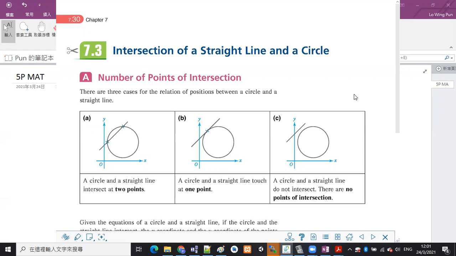So what is more interesting, mathematically interesting, is the first case and the second case. What we are going to do is find the coordinates of the intersection points between a straight line and a circle.